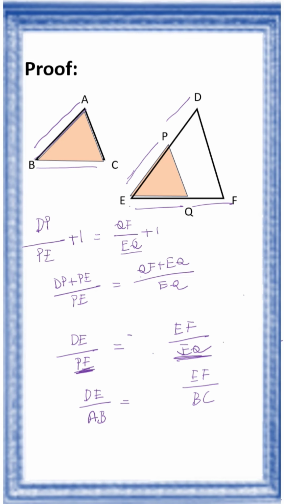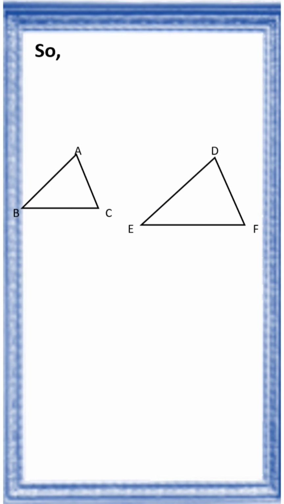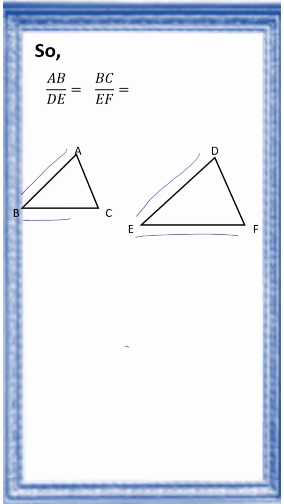So now we have what? AB by DE is equal to BC by EF. That one I have written in hand in the previous slide. You need not do this one, that one. So I have written. Okay. Similarly, we can prove that BC by EF.